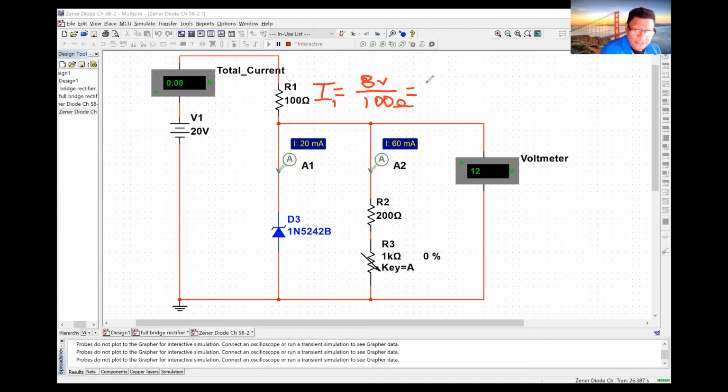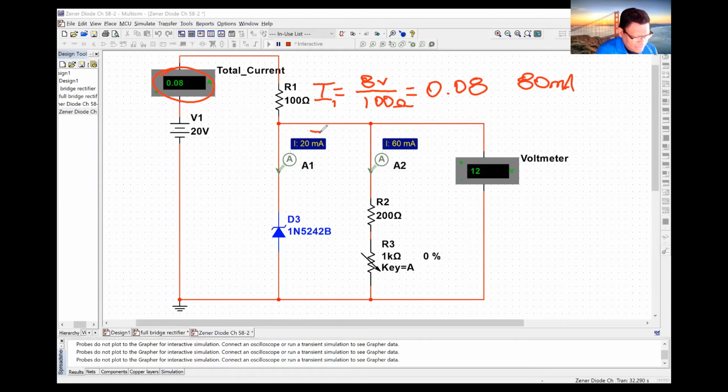That is equal to how much? 0.08. Perfect, which is exactly what we have measured through the ammeter. In other words, that would be equal to 80 milliamps.